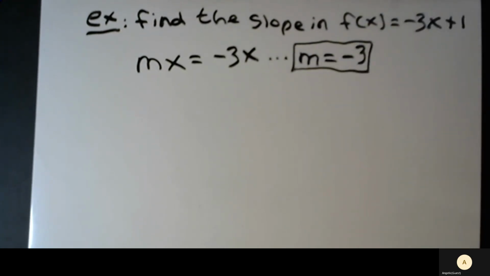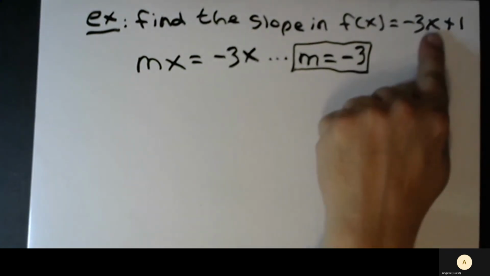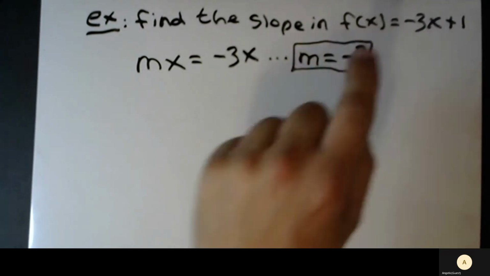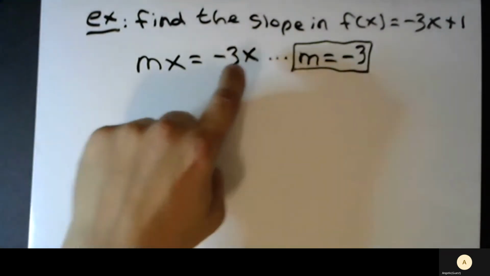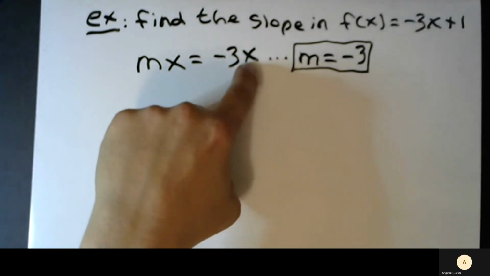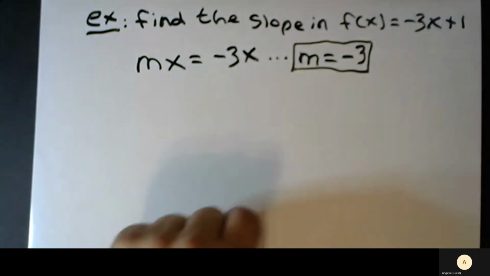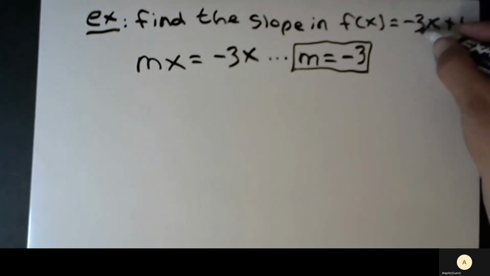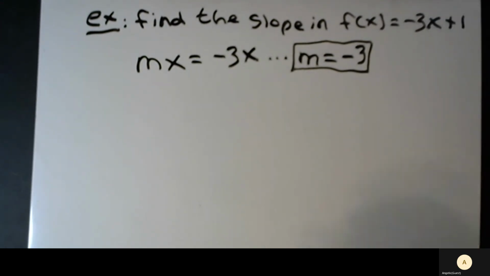We use the x to identify where the slope is, but when we give the slope as an answer, we remove the x and say the slope's negative 3. Slope is just the number attached to the x.